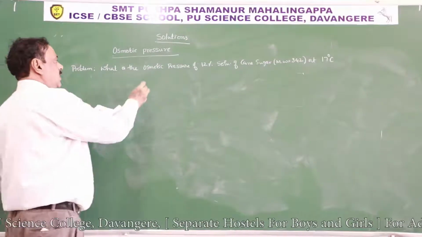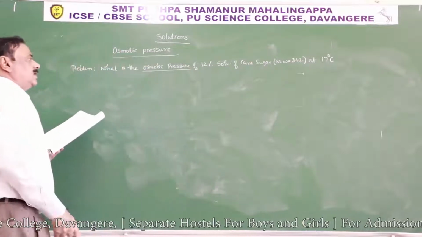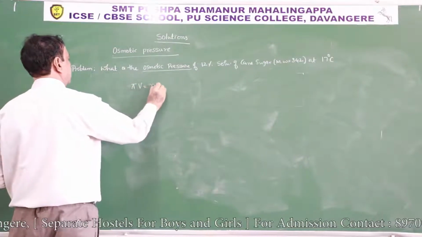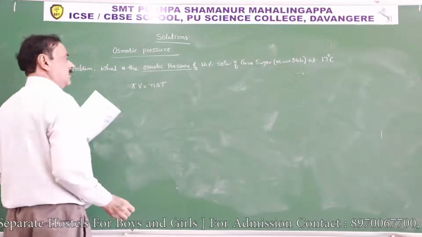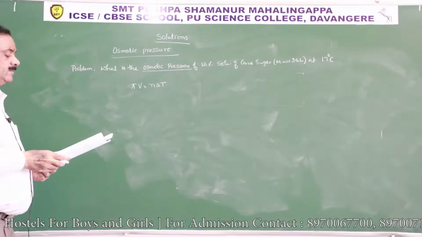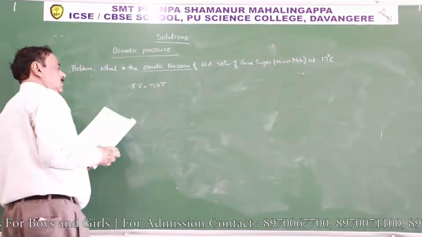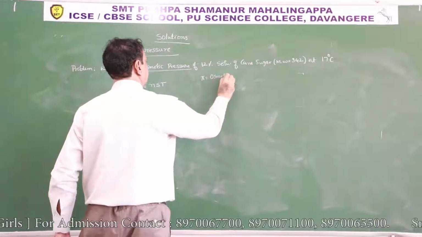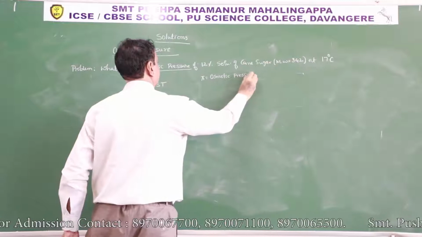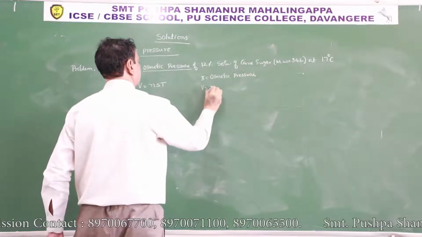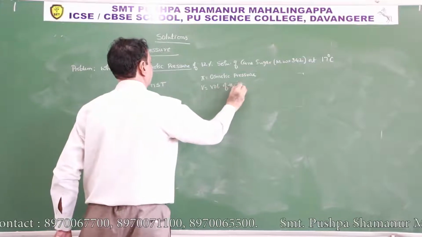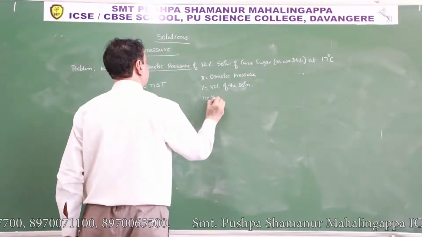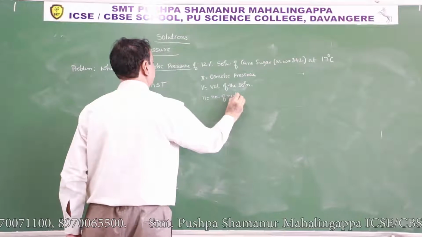Here they are asking for the osmotic pressure of the solution. Again we have pi into V is equal to n into S into T. Here pi is the osmotic pressure, which we have to calculate. V is the volume of the solution. n is the number of moles.